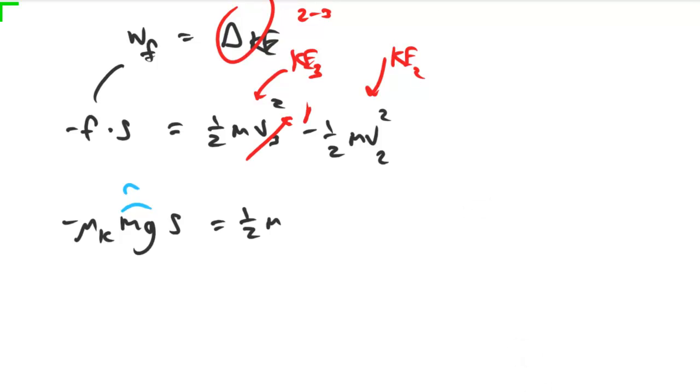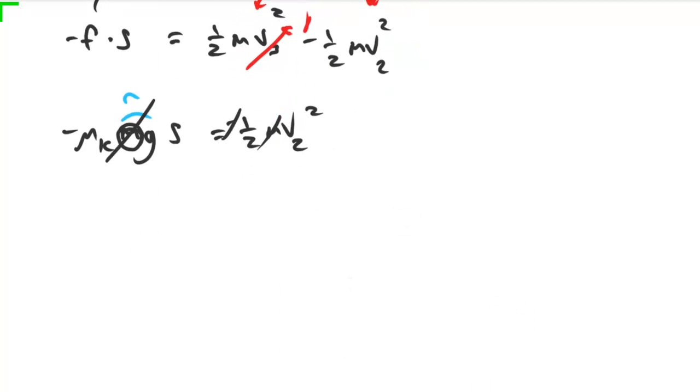And so this is actually just equal to negative 1/2 m V2 squared. So the mass was the same in both cases because the bullet was embedded in the block at point 2 as well as point 3. Remember, this is the work done from 2 to 3. So the mass was the mass of the bullet and block together. So mass cancels out here. And we end up with V2. These negatives also cancel out.